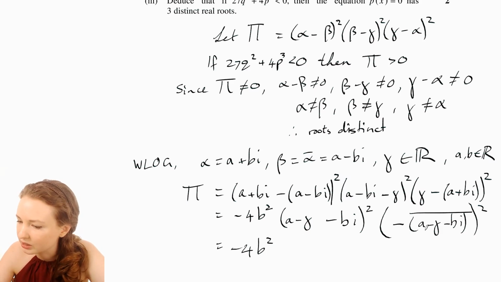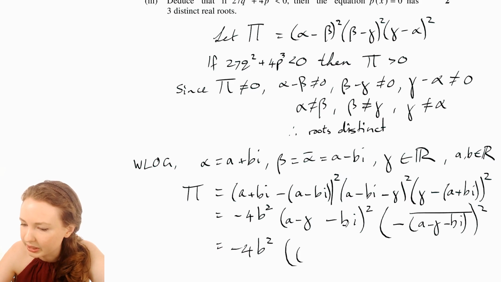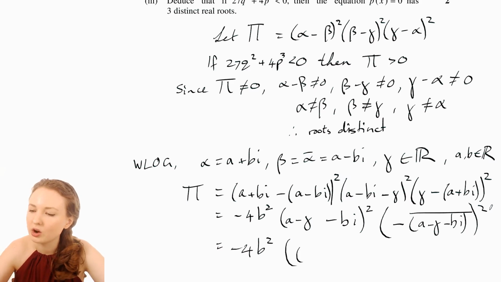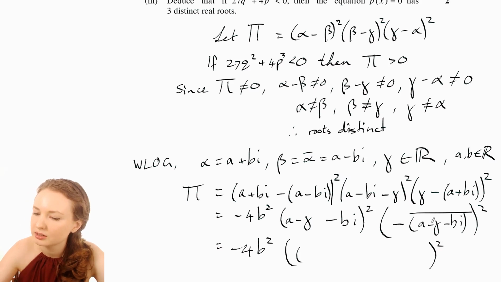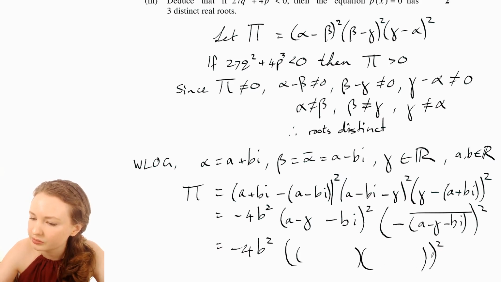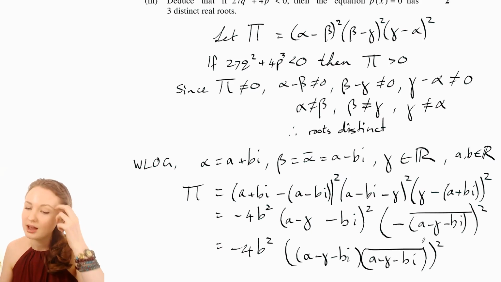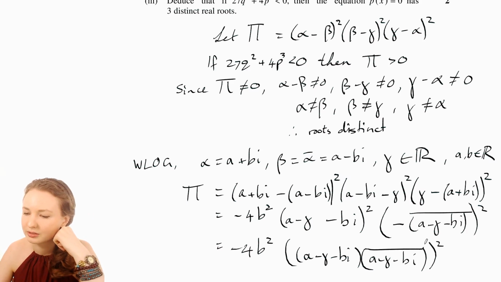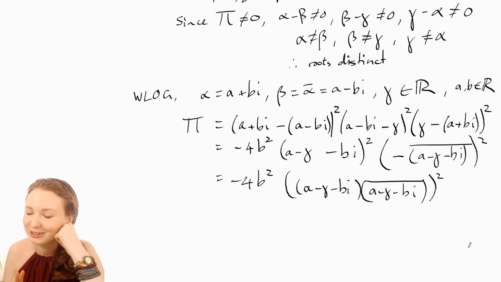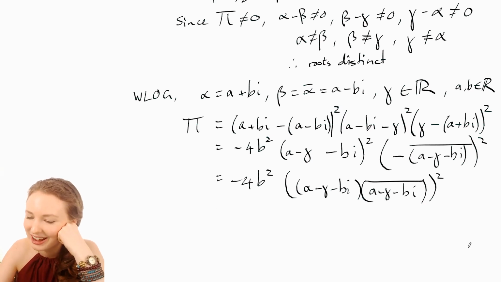But now what we can do is put the square on the outside, if you know what I mean. So we've got A minus gamma minus bi, and then this bit, A minus gamma minus bi conjugate. I hope that made sense to you. If not, leave me a comment and I'll try to explain it better than my current rambling.